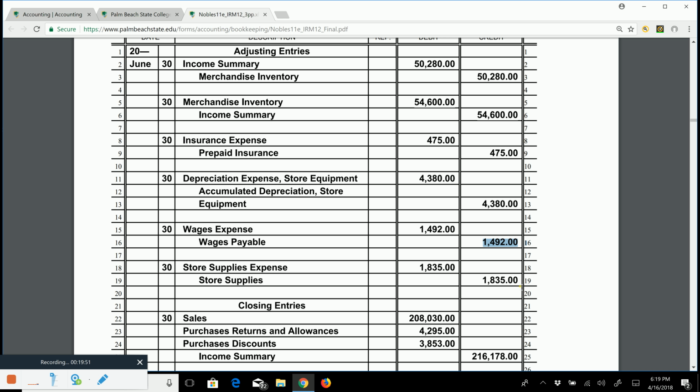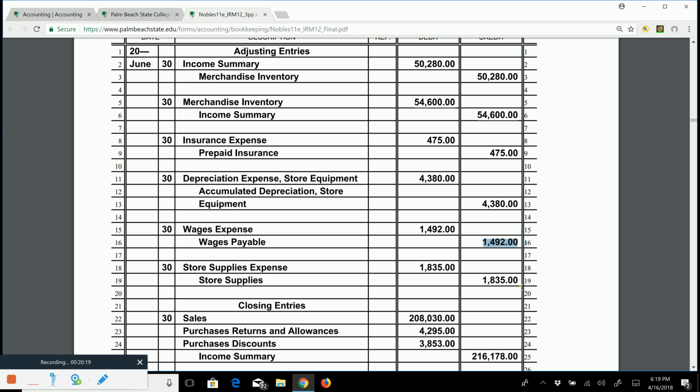Okay, next, supplies. We see supplies, we physically count the supplies on hand. $100. All right. So what we need to do is compare our physical count of $100 to what we have on the unadjusted trial balance. And I see on page 567, if you look at the account called store supplies, $1,935.